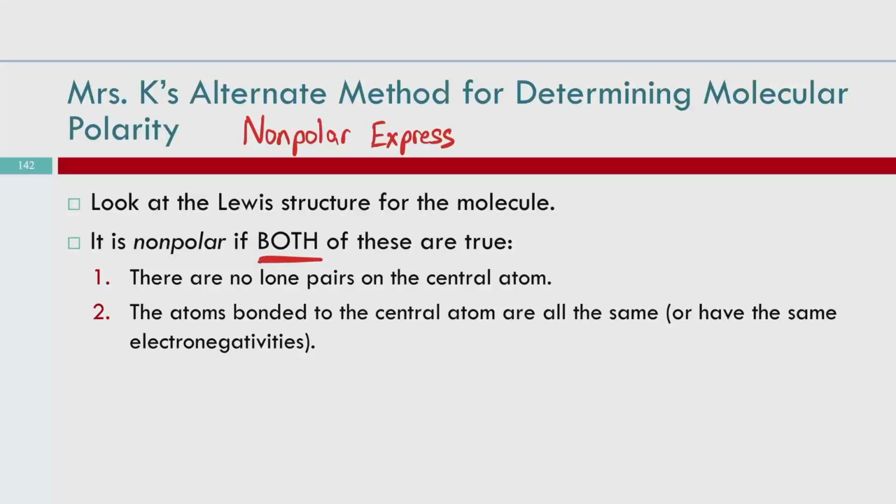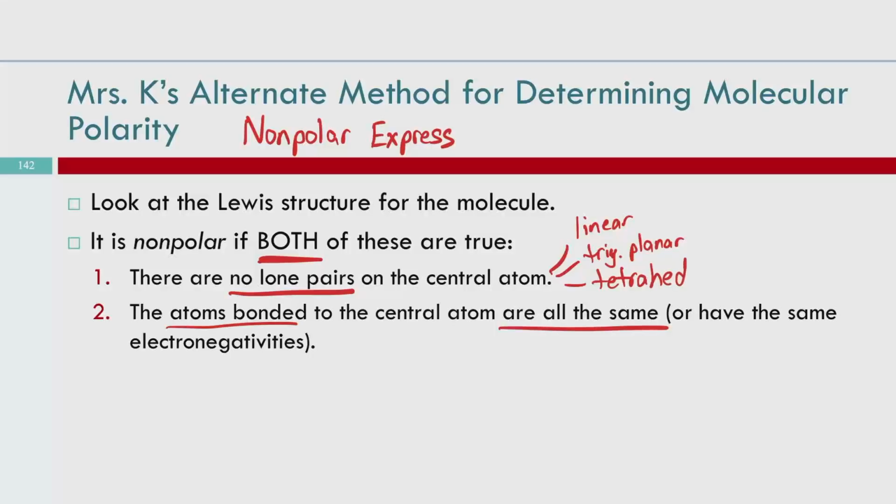If both of these are true, there are no lone pairs on the central atom, and the atoms bonded to the central atom are all the same. If there's no lone pairs, it'll be linear or trigonal planar or tetrahedral for its overall shape.